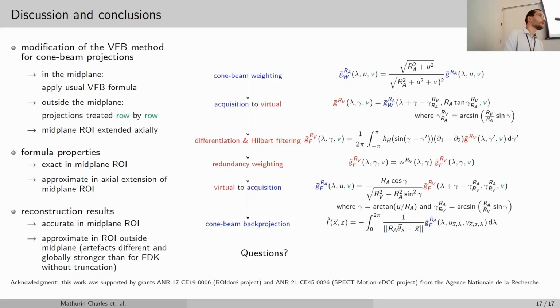Hi, very nice talk. Just want to see, have you compared it with DBP, so differentiated back projection? Not yet. In fact, the DBP results of You et al. were applied to a slightly different configuration.